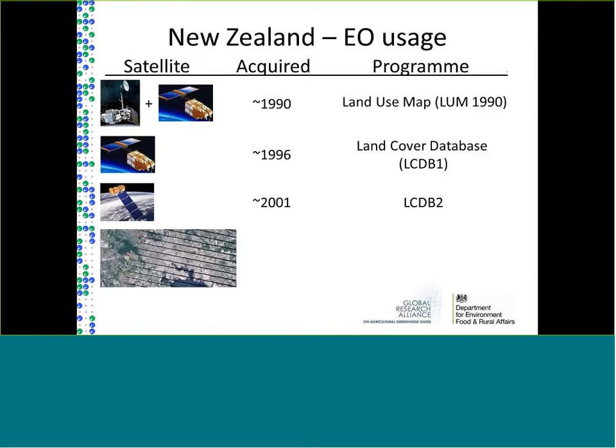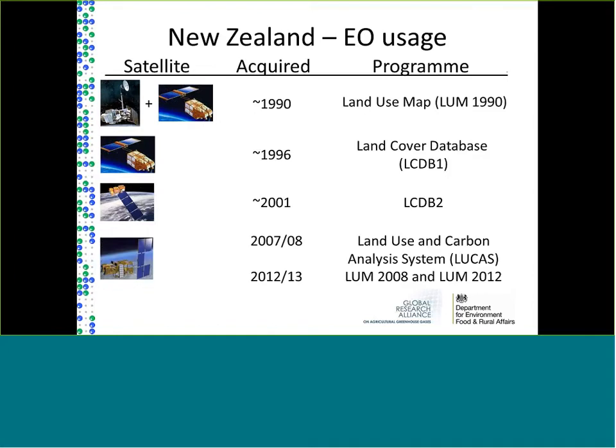Going forward, the use of Landsat was dropped because there were some problems that developed in about 2003 with Landsat 7. It started to have problems with the scanning of the image, as you can see in this example here, where you're getting stripes occurring in it.